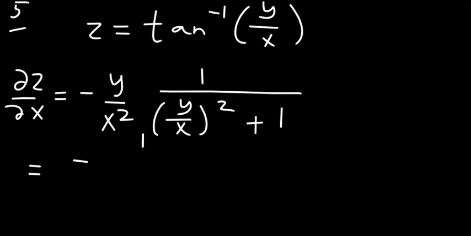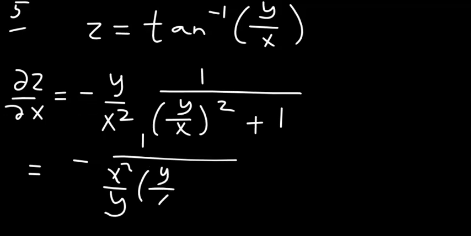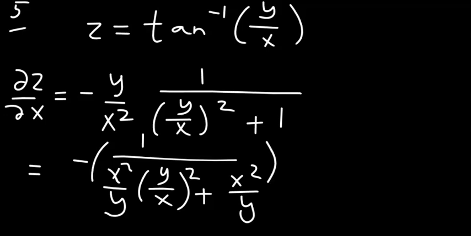It is just 1 over x squared over y, I bring this below, times y over x squared plus x squared over y, bracket.